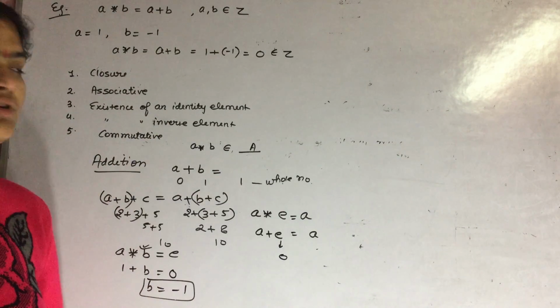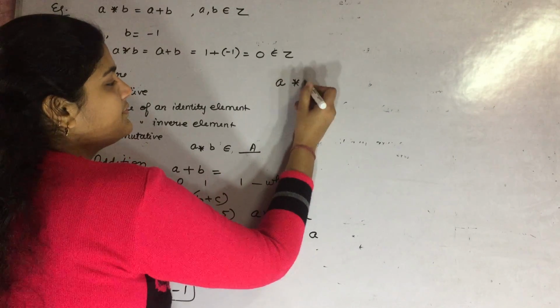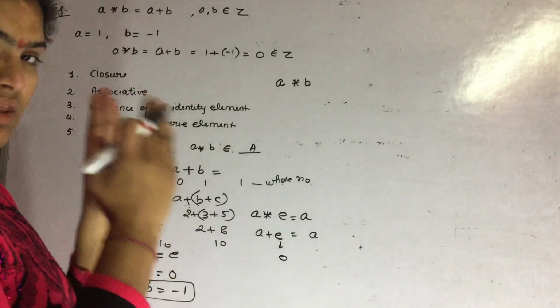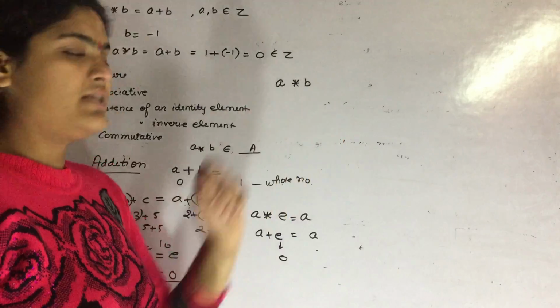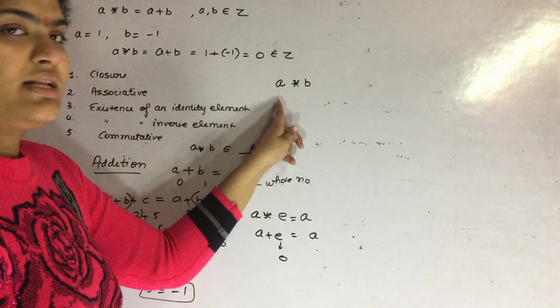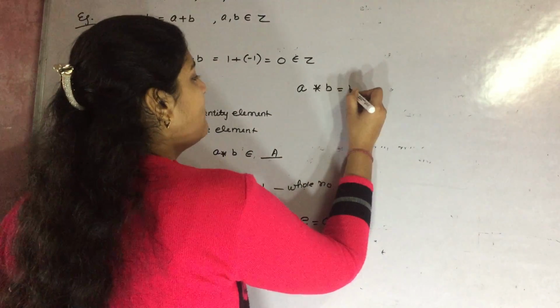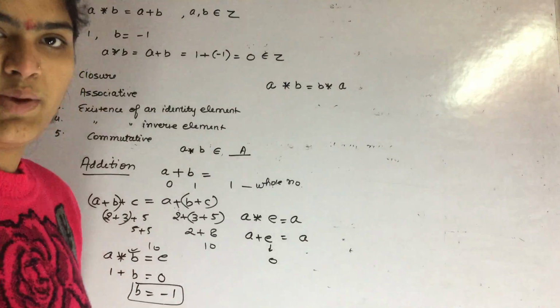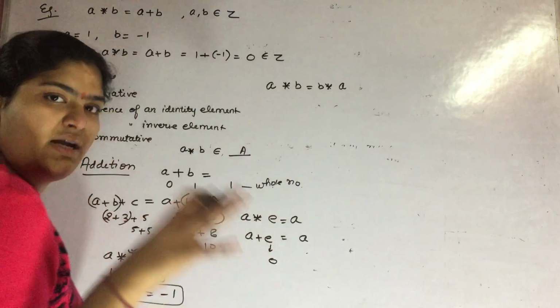And now about the commutativity. Commutativity means, remember the order, if you are applying the binary operation between the elements A and B and your order is like A first and B second, then you should have to get B star A or B binary operation A. For addition again, this holds on multiplication also.